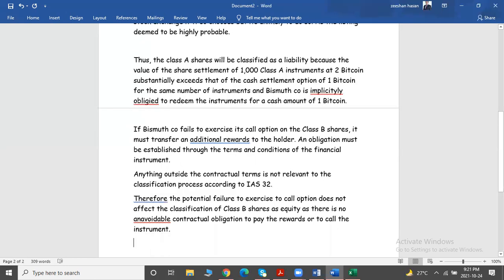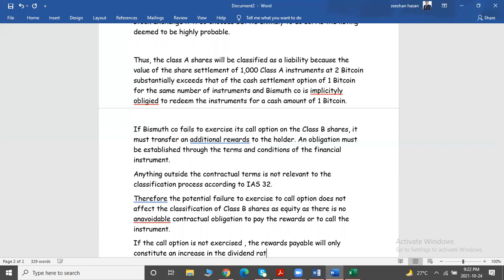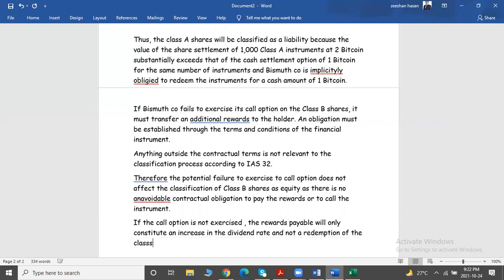Further, in the end, we'll say if the call option is not exercised, the reward payable will only constitute an increase in the dividend rate and not a redemption of the class B shares.